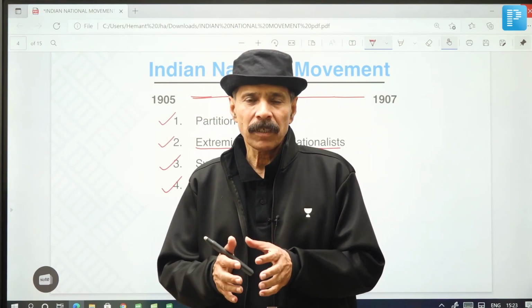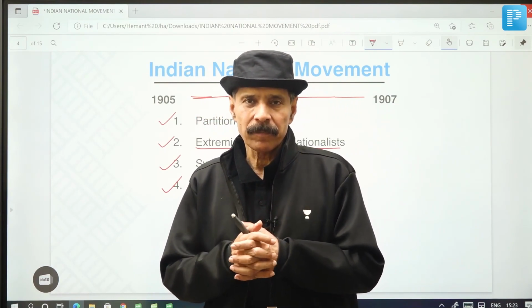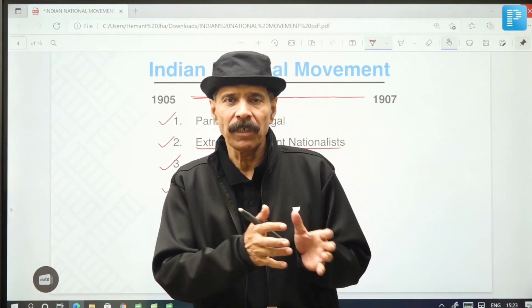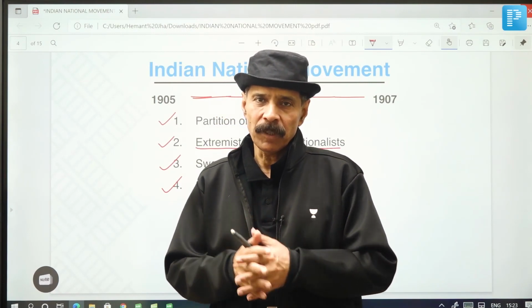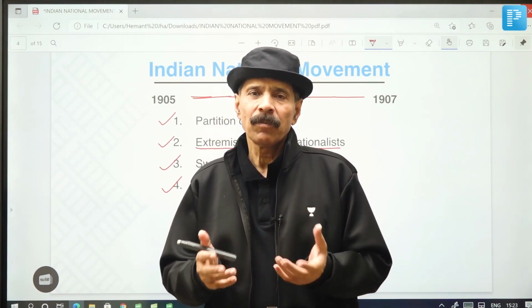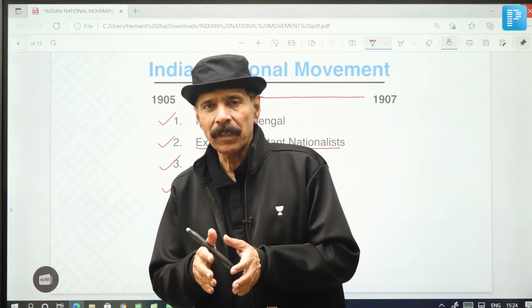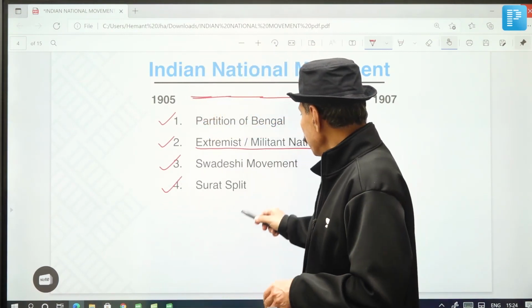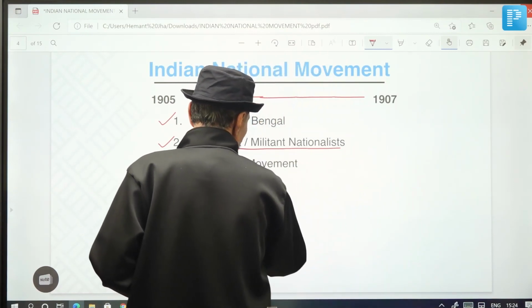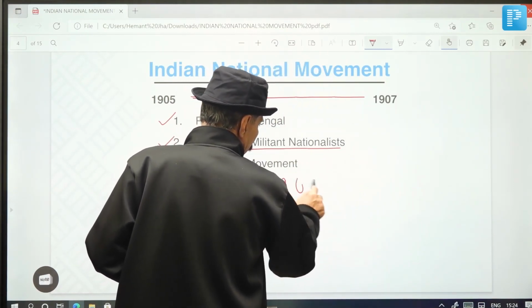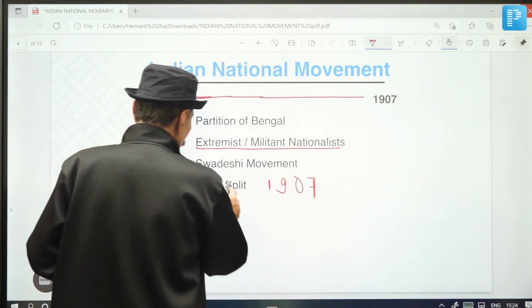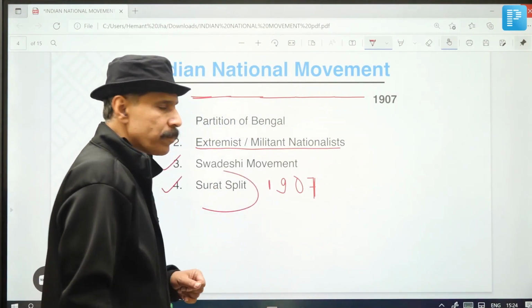So within Congress, there was an ideological conflict between the ideology of moderates and the ideology of extremists. And the result of this was finally a split in the Congress that took place in the Surat session in 1907. This is known as the Surat split.